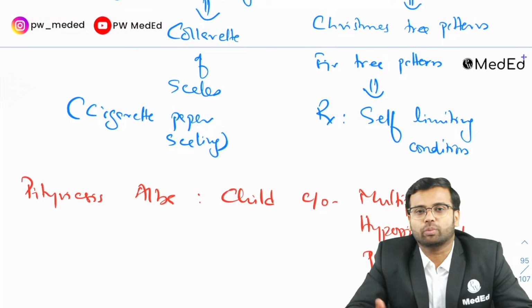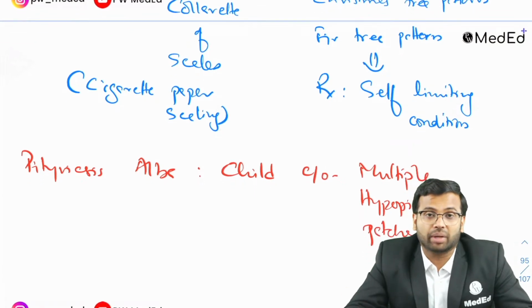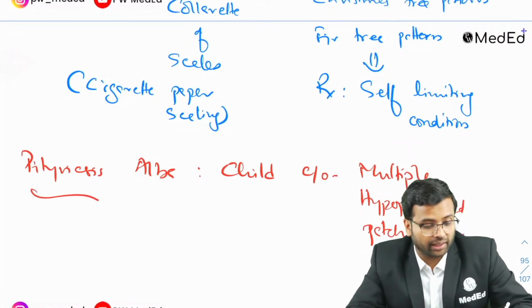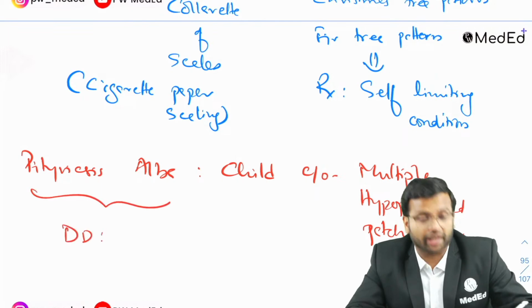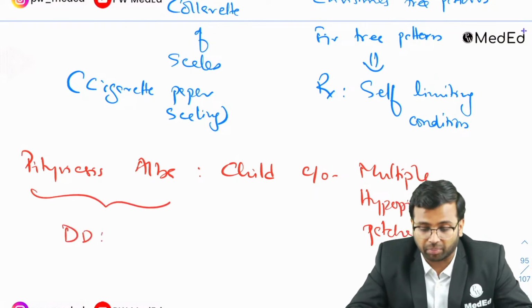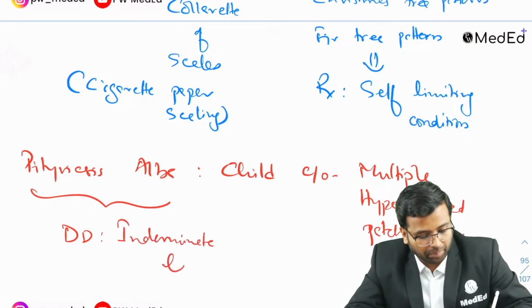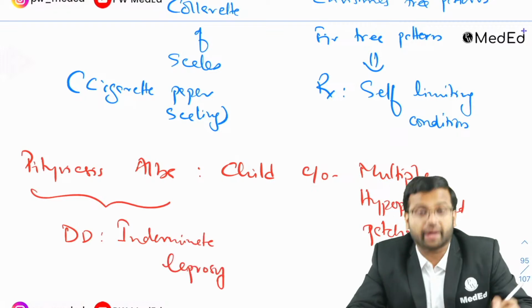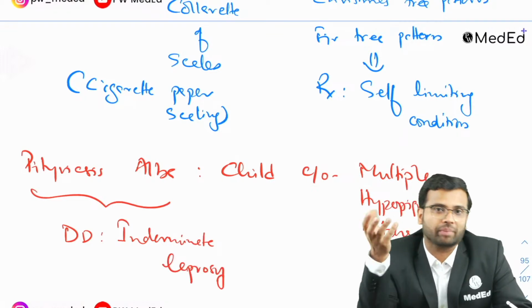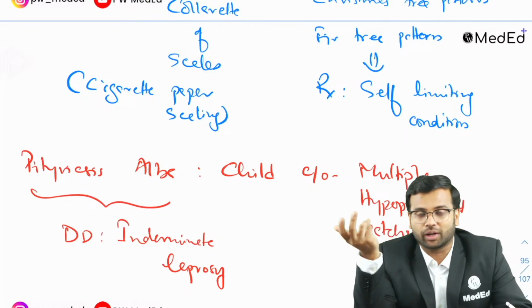It is considered to be a type of dermatitis, but one of the very important differential diagnoses is indeterminate leprosy. Because in India, whenever you see these hypopigmented patches, we always think about leprosy, correct?